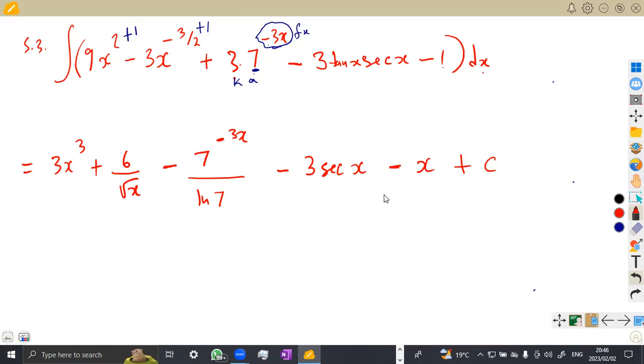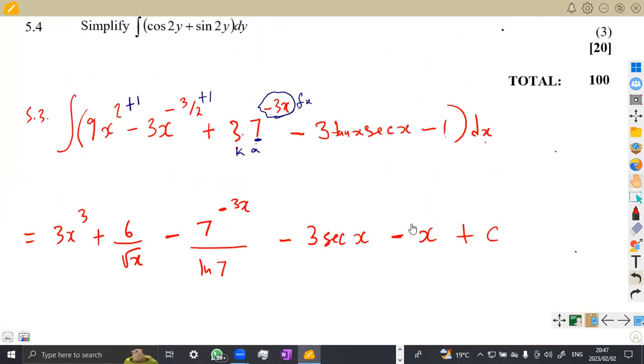That is the most important part they are actually looking for in this question. It's very, very important to have it in your answer. Do not neglect that. All right, so that's our integral.